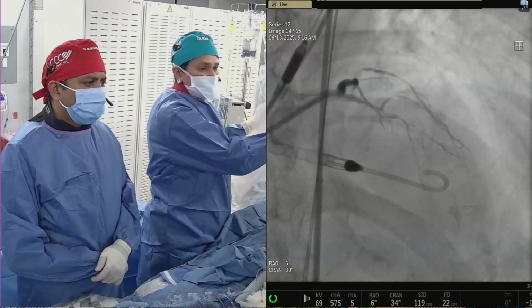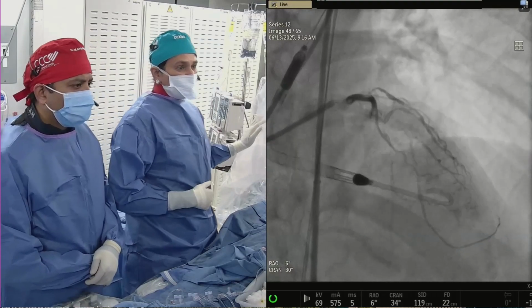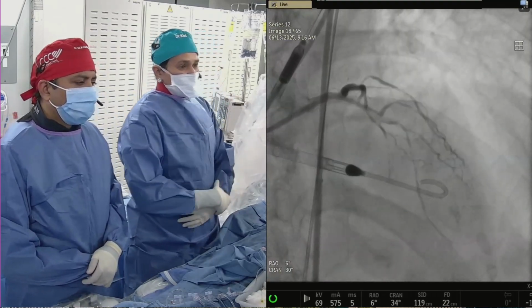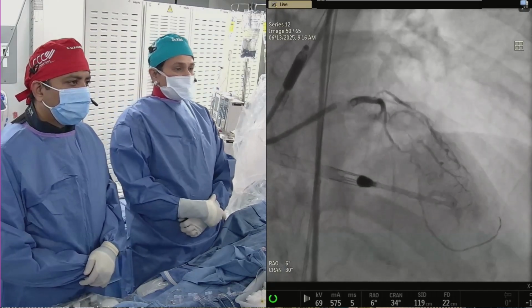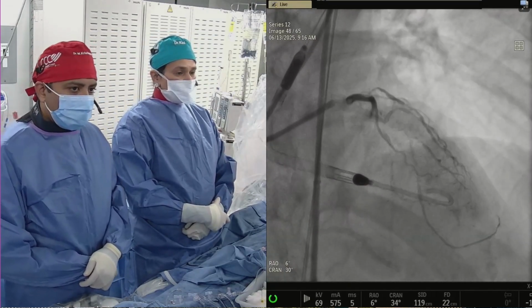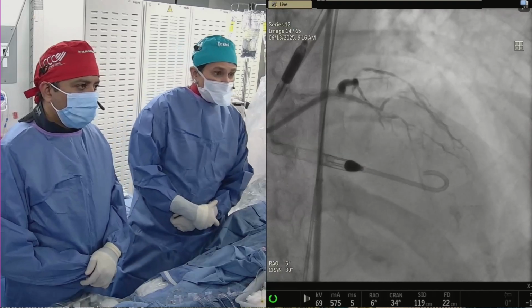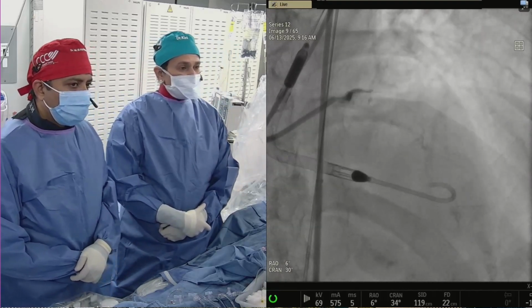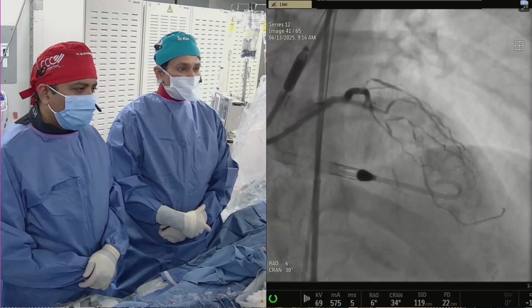We'll barely see any flow in his LAD. The circumflex, you can see the strand. We'll take a caudal picture later on. Actually, the flow in his LAD has diminished ever since this previous angiography.